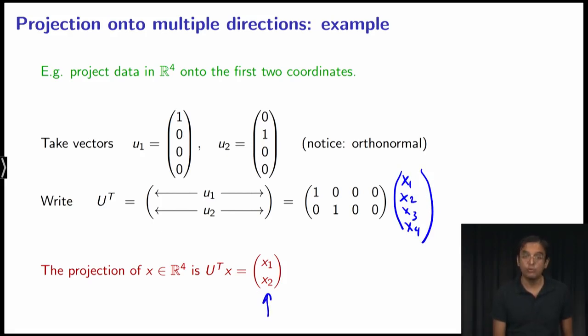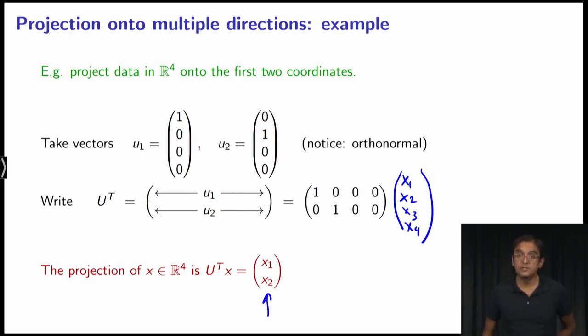Just the first two coordinates, x1 and x2, as expected. Okay, so this is what the various quantities refer to. We have these individual directions, u1, u2, that are unit length and orthogonal to each other, and then we put them together into a matrix.